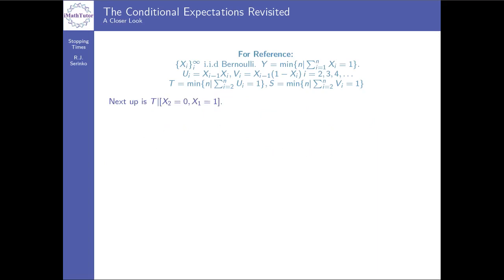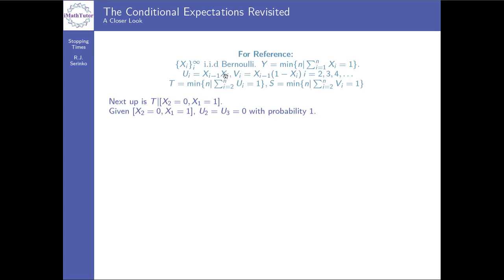Next up is t given x2 equals 0 and x1 equals 1. This corresponds to the first toss being a head and the second one being a tail. Given that x2 equals 0 and x1 equals 1, u2 and u3 are both equal to 0. Notice that x2 enters into the definition of both u2 and u3.